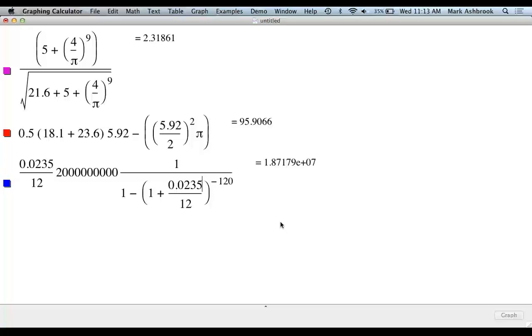R is reserved for the radius in polar coordinates. Theta and phi are reserved. T is reserved for a parametric variable, so are U and V. E is its value, the natural base. Pi and I are their values, and lowercase n will pull up what's called a slider. We'll talk about that later. Any capital letter is not reserved for something, so we can use it.